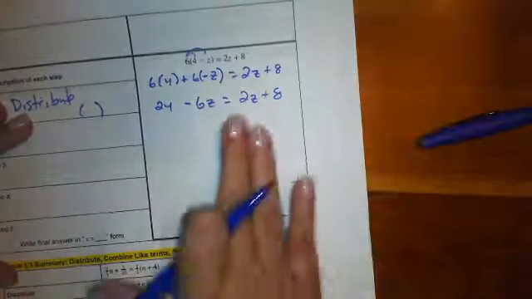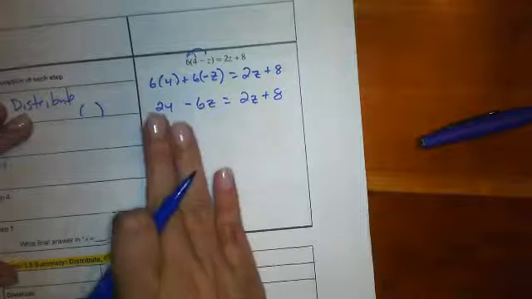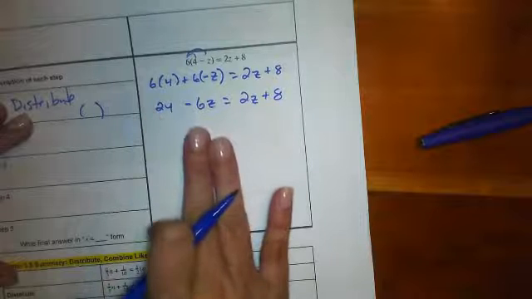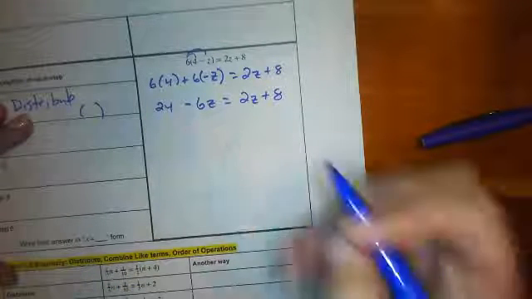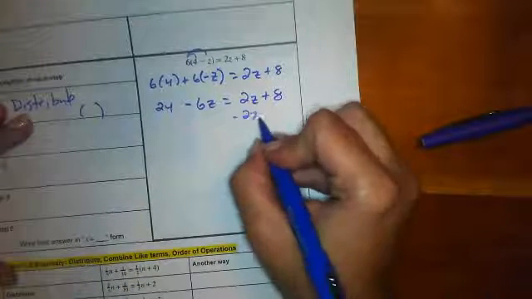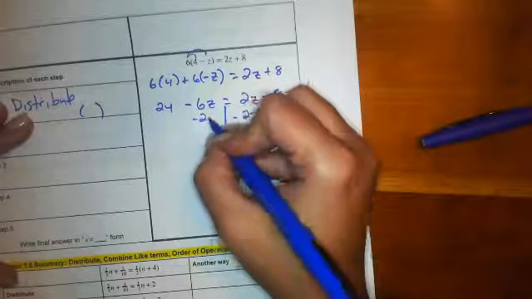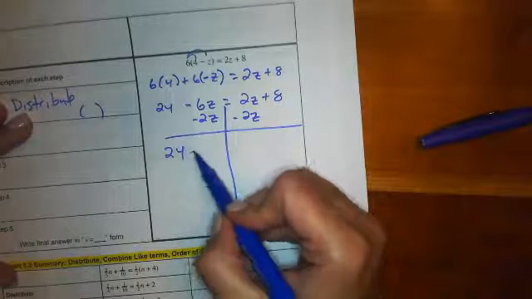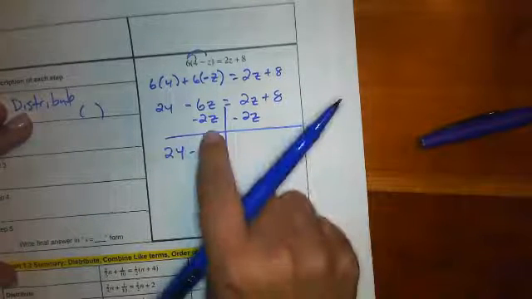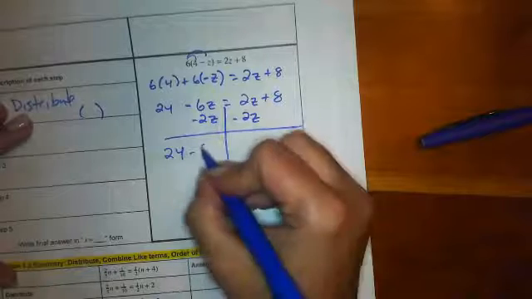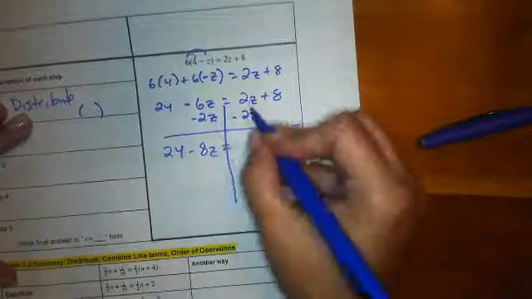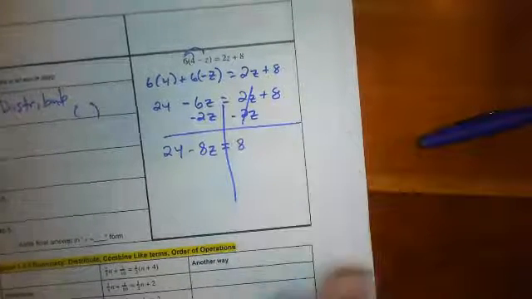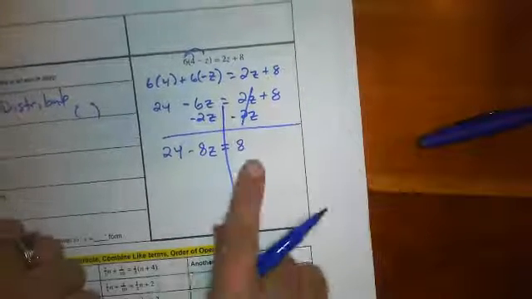Okay, now I get my variable terms to the left, my constants to the right. I'm going to move variables first. Let's subtract 2z from both sides. 24. I hope you see a -6 minus 2. It becomes more negative, so minus 8z. Let's cancel and you're left with 8. Okay, I moved my variables. Now I have a constant.